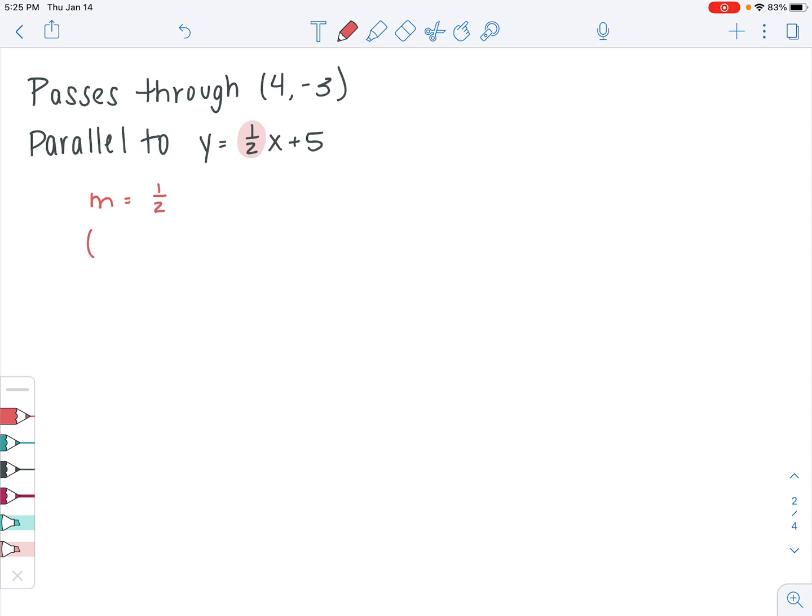And then I'm going to use the point they gave me, that (4, -3). This will be my x1, this will be my y1. And I'm just going to plug into my point slope formula for a line because I have a point and I have the slope.